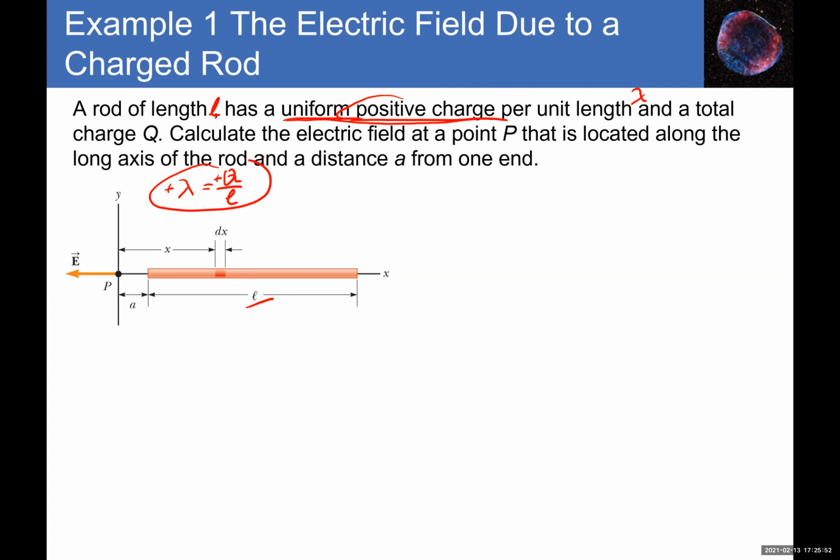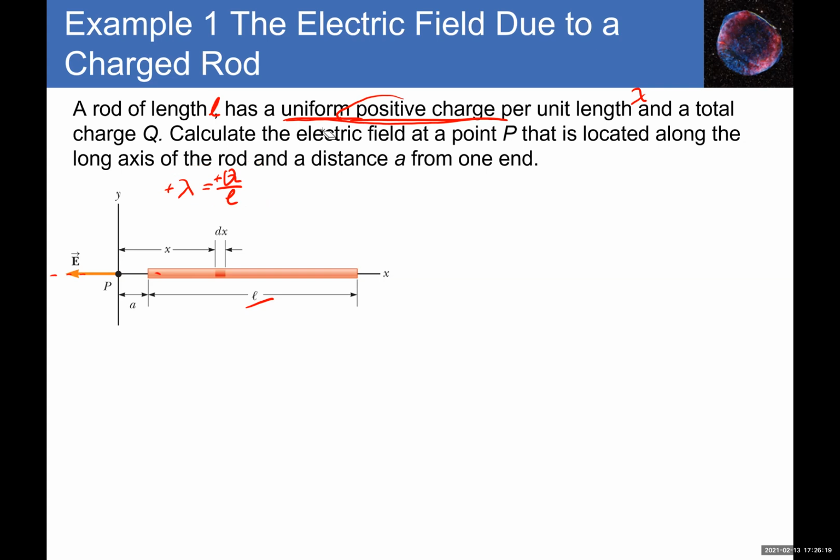Because remember, if the source is positive, the electric field is radially away from it. So this electric field, as a vector, points to the left, radially away from the charge.